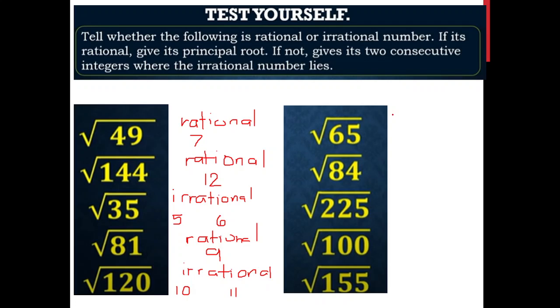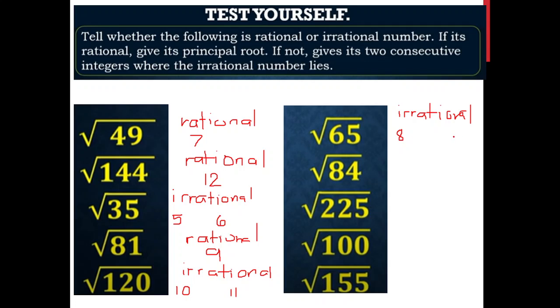Right? Next, is the square root of 65 a perfect square? No, because the square root of 65 is an irrational number. So where does the square root of 65 lie between? I think the perfect square here is 64, which is 8 times 8. So what's next to 8?